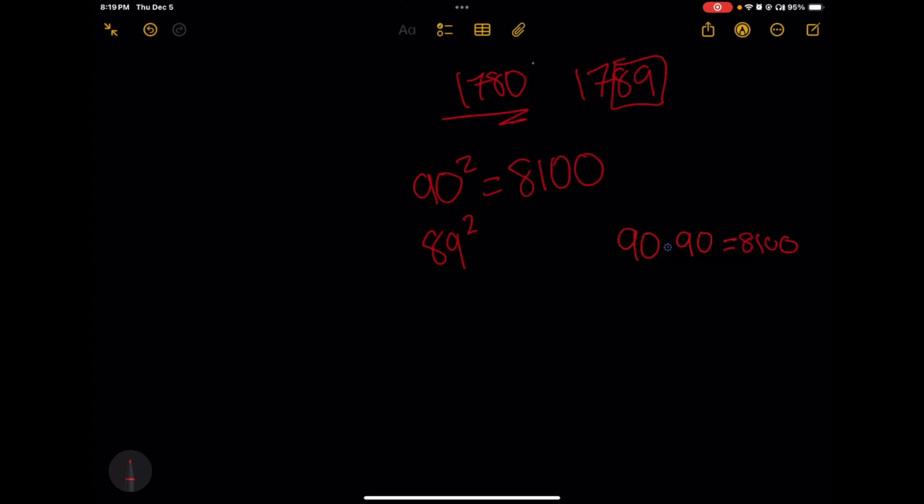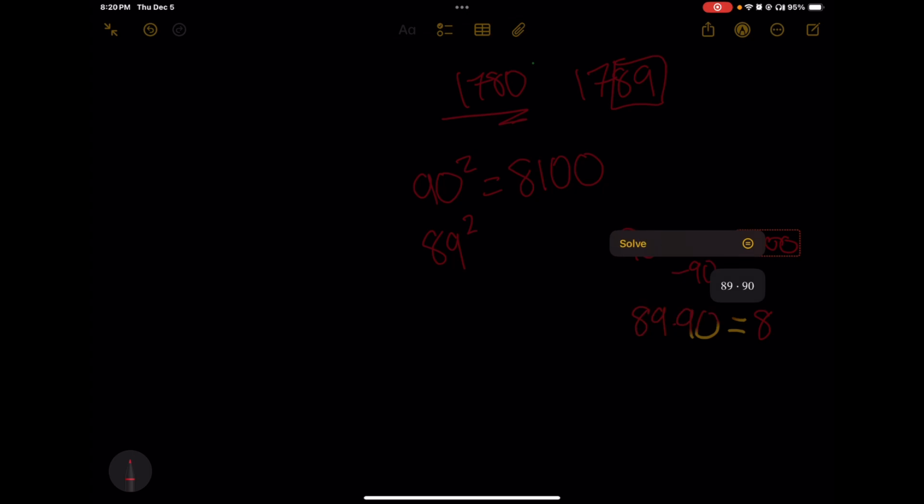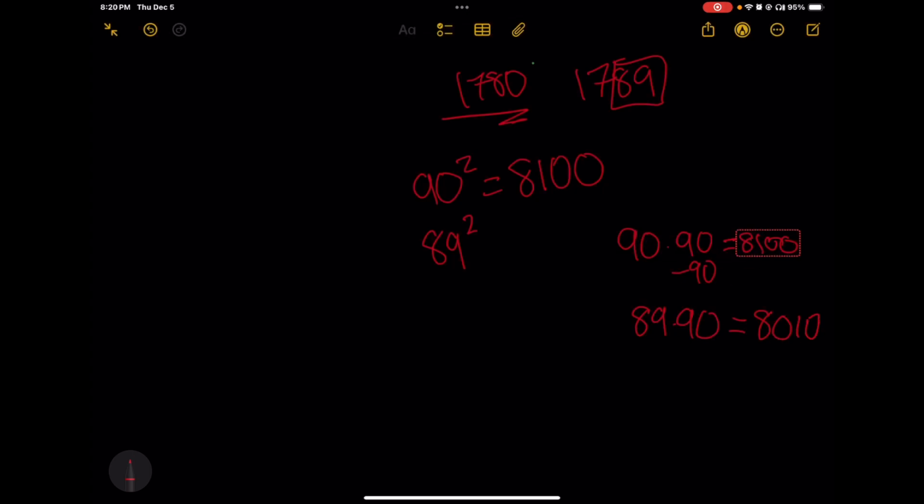And then we can subtract 90, so this would be 89 times 90, which would be 8,010. And then we can subtract 89 to get 89 squared equals 7,900 minus 79.